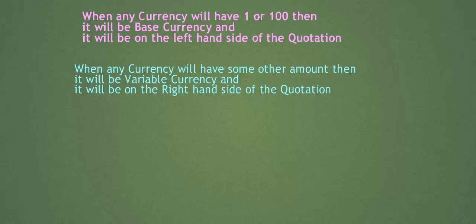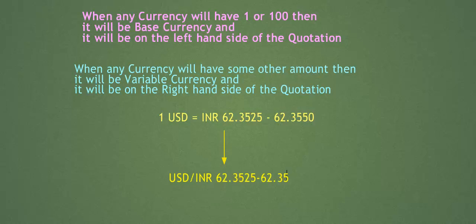For example, let $1 equal INR 62.3525 and 62.3550. Since USD equals 1, it will be on the left-hand side of the quotation. And INR, which has a variable amount, will be on the right-hand side of the quotation.